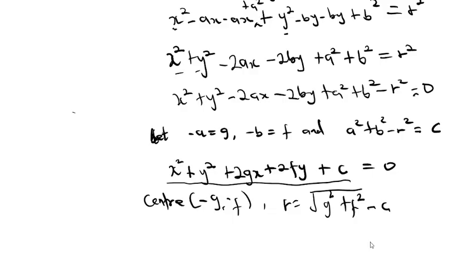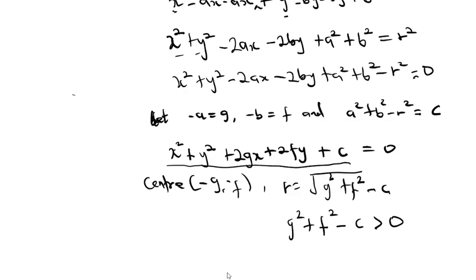And there's a condition: g squared plus f squared minus c must be greater than 0. When it's less than 0, this is going to give us a complex number, right? So that is that for the equation of a circle.